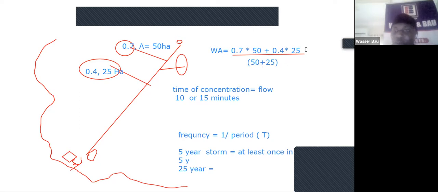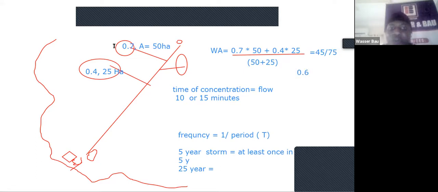So the numerator is 45, divided by 75. 45 divided by 75. The answer is 0.6.